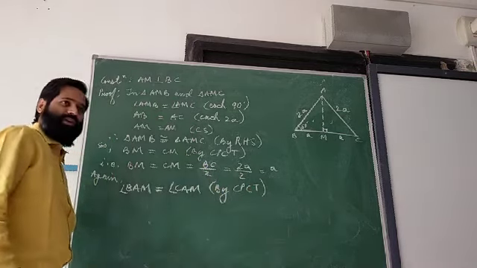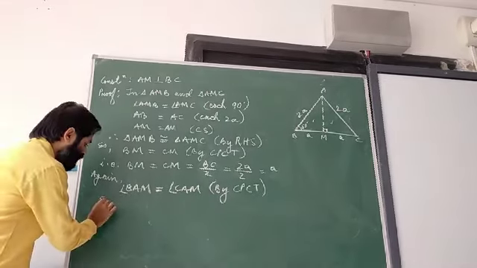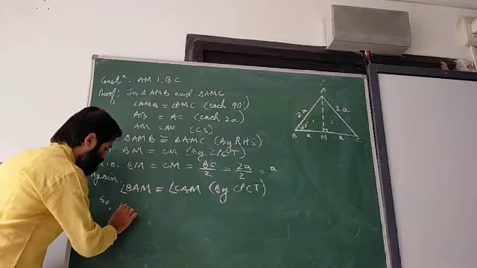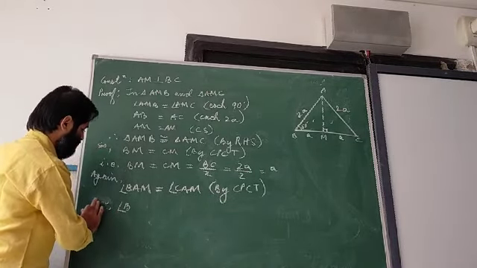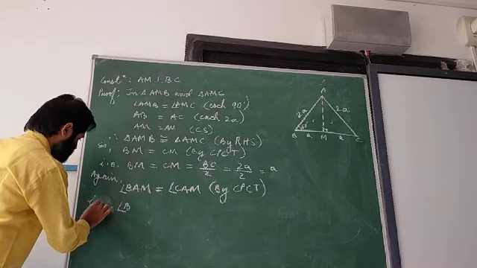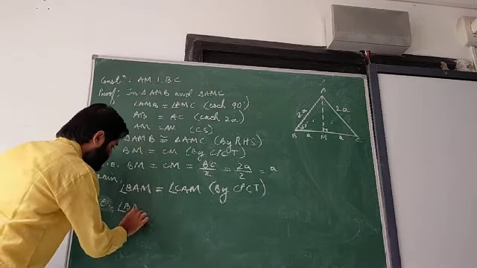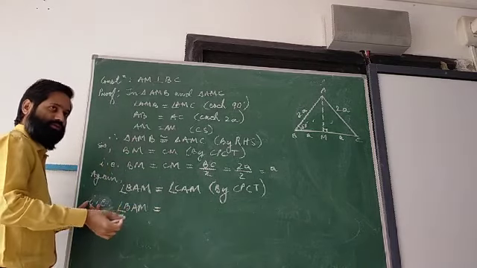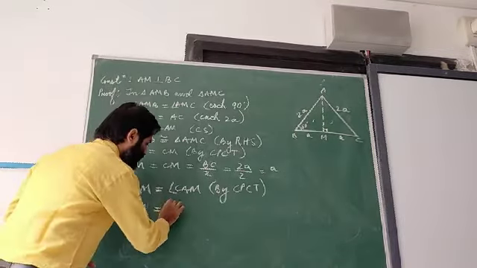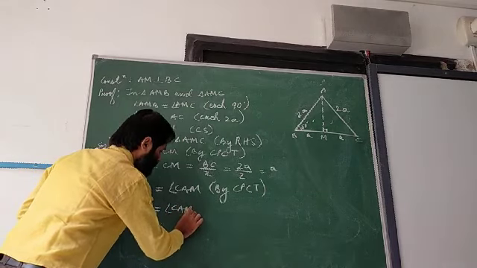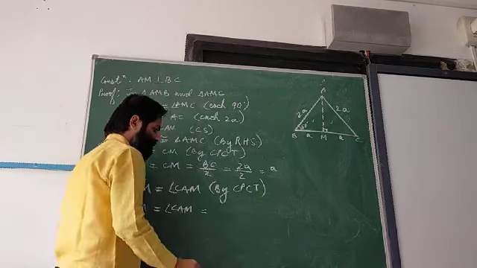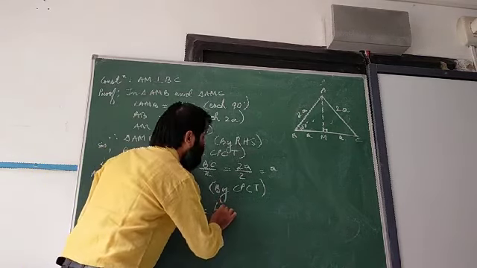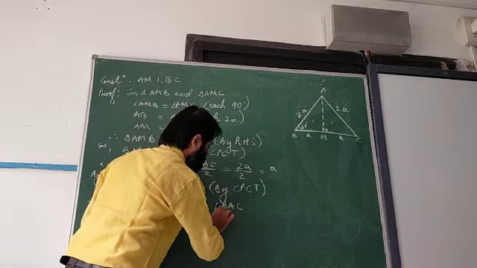If they are congruent, so can I say that angle BAM, you can write that as angle CAM, your choice, okay? Angle CAM equals to angle BAC by 2.